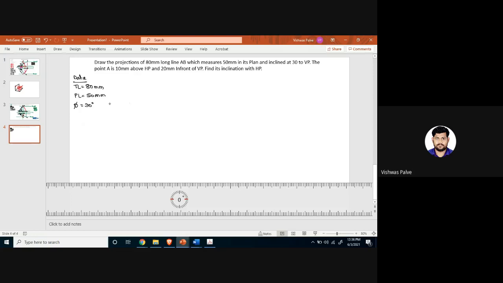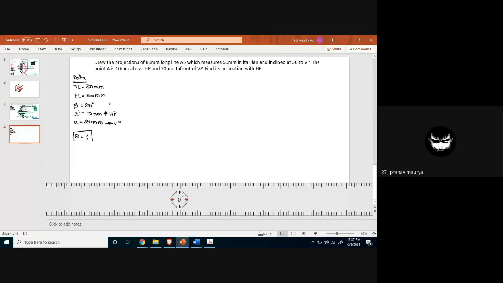The point A is 10 mm above HP. Whether it is A dash or A? A dash 10 mm above HP. And A is 20 mm in front of VP. To find, what exactly we have to find? Inclination with HP. What is that inclination with HP?